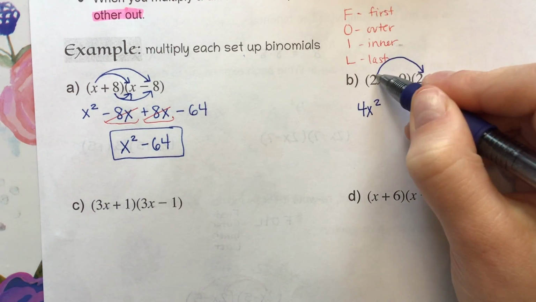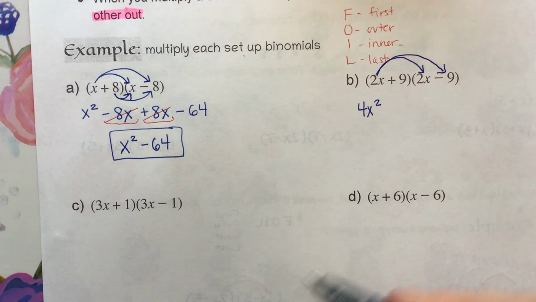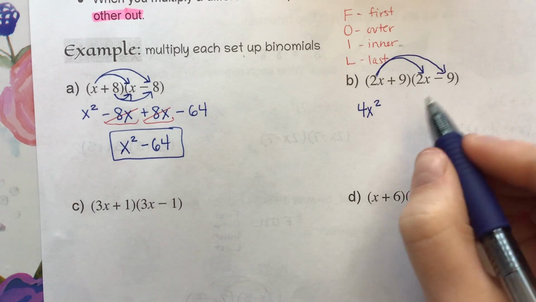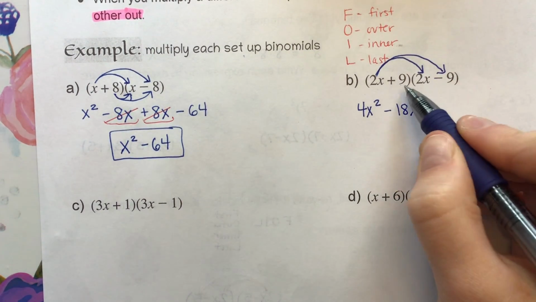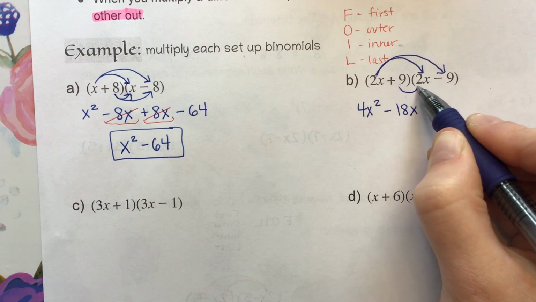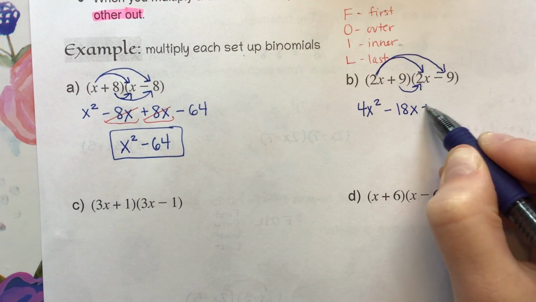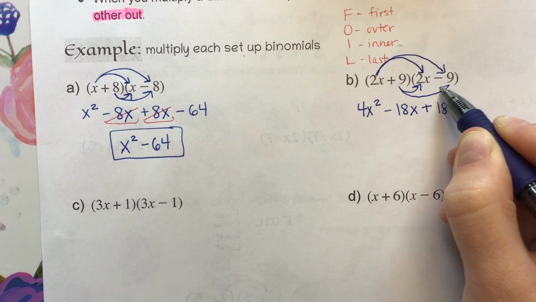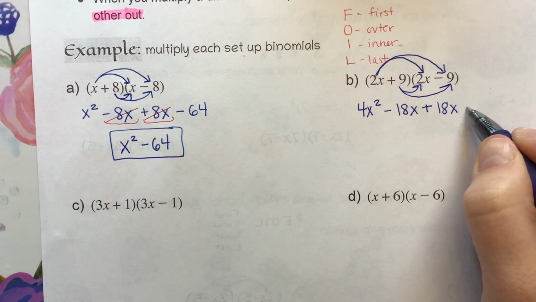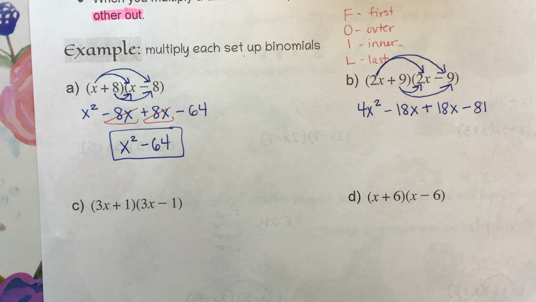Okay, now I'm taking 2x times negative 9. Well, that's going to be negative 18x. Now I'm taking positive 9 times positive 2x, which will be positive 18x. And then I have positive 9 times negative 9, which will get me negative 81.